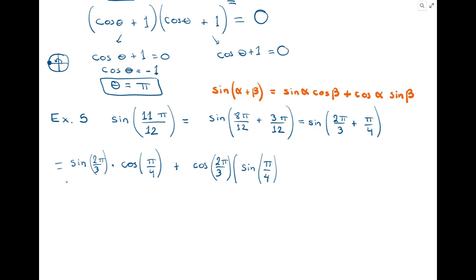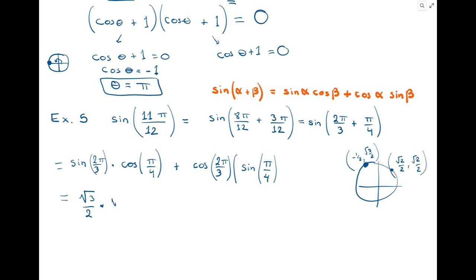Okay? And now I apply my knowledge of the unit circle. I know that 2 pi over 3 is going to be way up there, right? And so this will be negative 1/2 for the x, for the cosine, and then root 3 over 2 for the sine. So sine of 2 pi over 3 will be root 3 over 2 times the cosine of pi over 4, and we know that those are root 2 over 2, root 2 over 2.